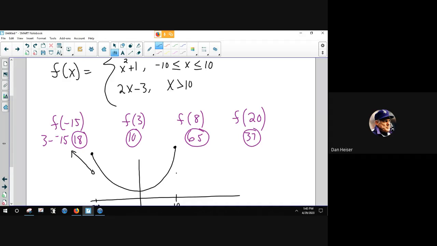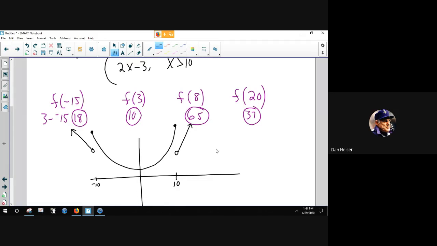This is 17. And then notice that we have an open circle, because we have closed here, we have to pass the vertical line test. And 2x minus 3 would go kind of sort of up like that. There's a graph of this piecewise function. And it's in pieces. One piece is here, one piece is here, one piece is here.